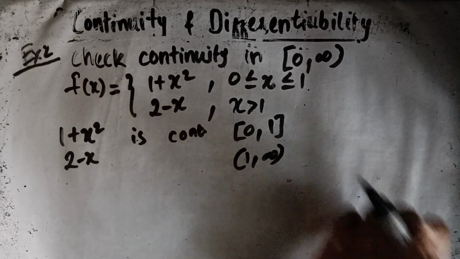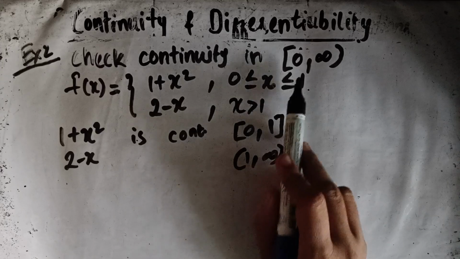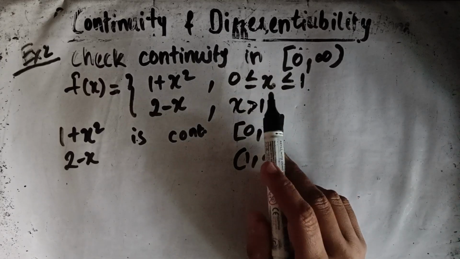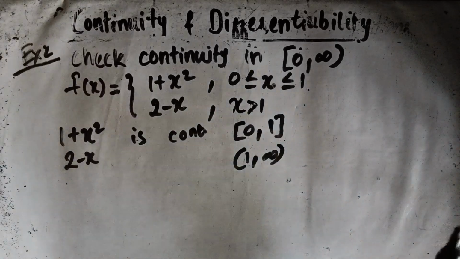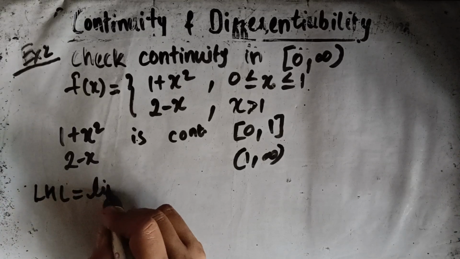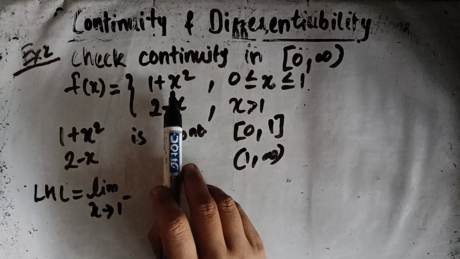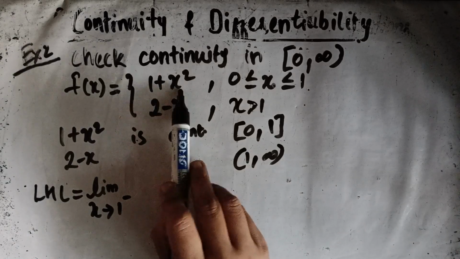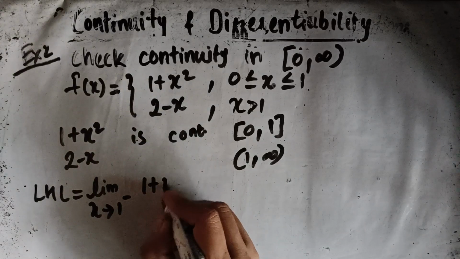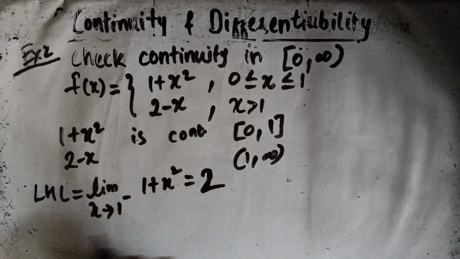Okay. Now we have to check continuity at x equal to 1, okay, at this point. So when we approach from left hand side, okay, then we have to take the function 1 plus x square. So this answer is 2.